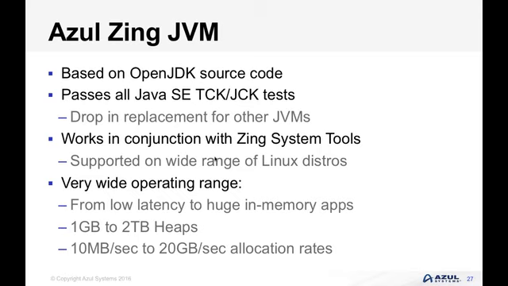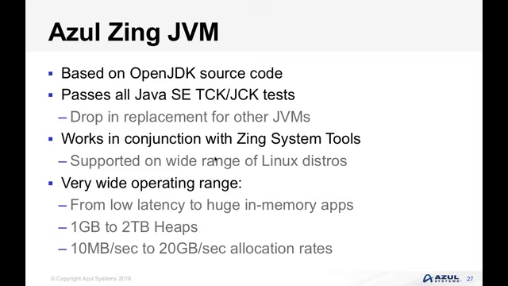It also works across a very wide operating range. What we target this at is people who are interested in low latency applications. So we eliminate garbage collection pauses. But also, because you can make your heap space bigger, and you're not worried about the length of the garbage collection pause because we eliminate it, then you can have very big in-memory applications.